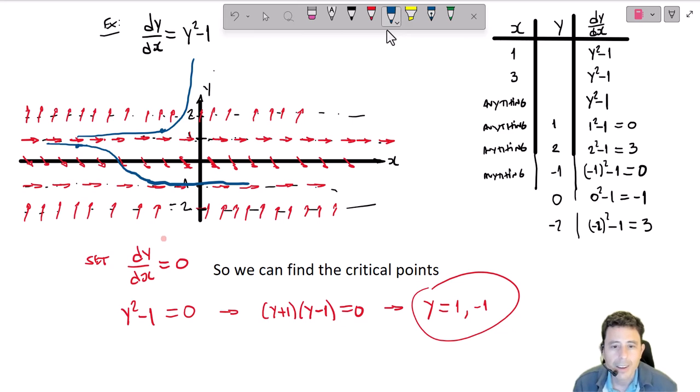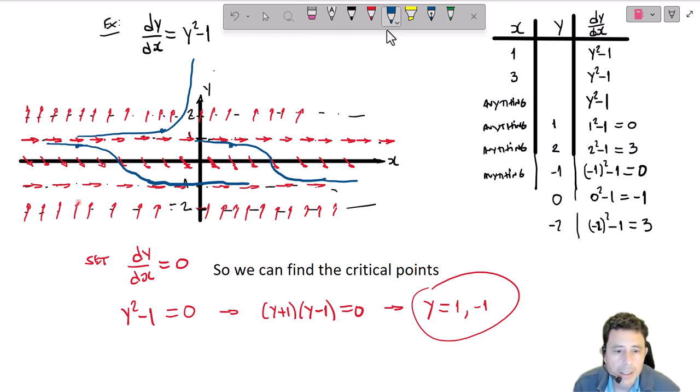Same thing if I drop something here, then it's going to go like that, right? So these are different solutions, all the same family of solutions. And there's one more case here.